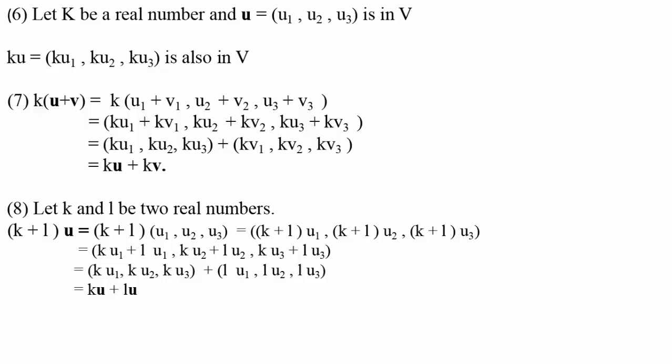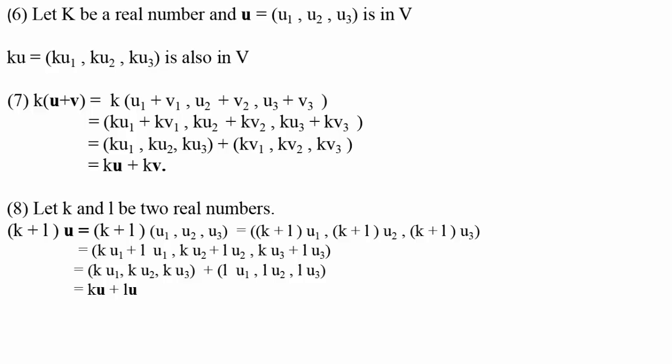Then (k plus l) into u equals (k plus l) into (u1, u2, u3). It is nothing but ((k plus l)u1, (k plus l)u2, (k plus l)u3).